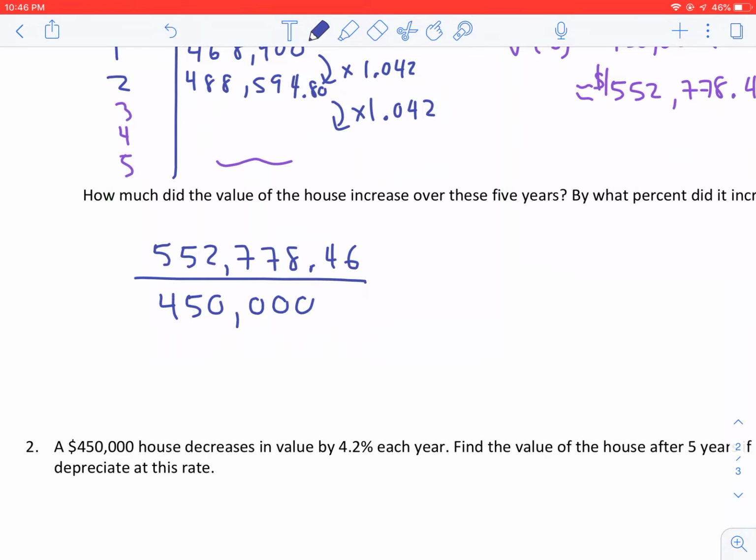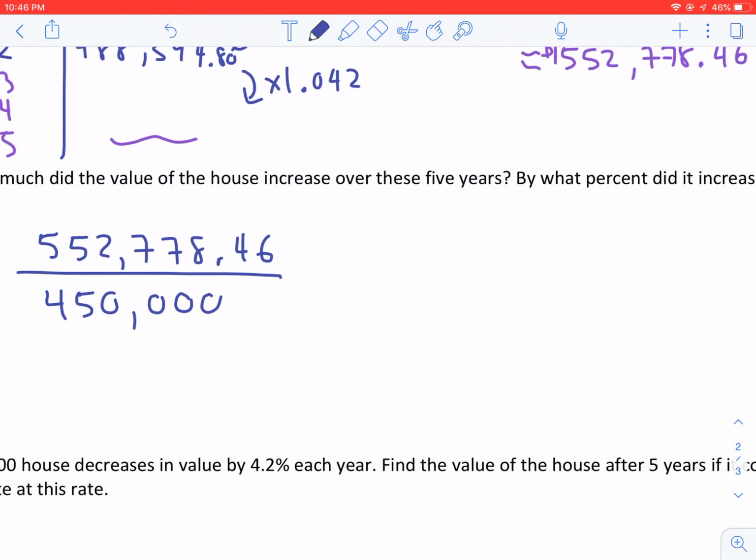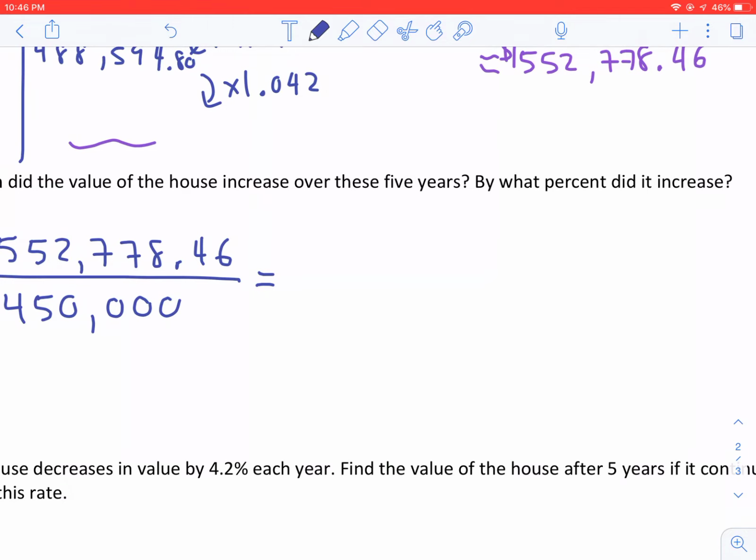And if we do that, I think we get 1.2284-ish.